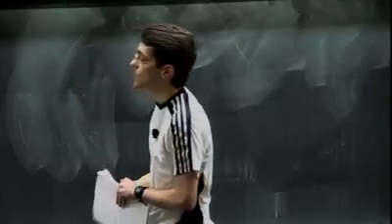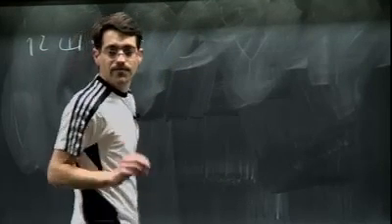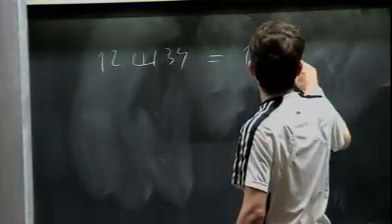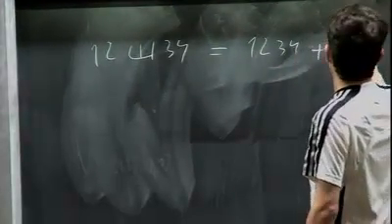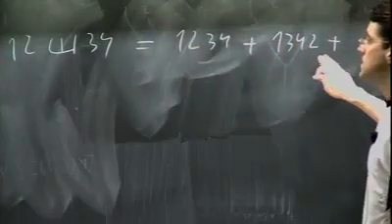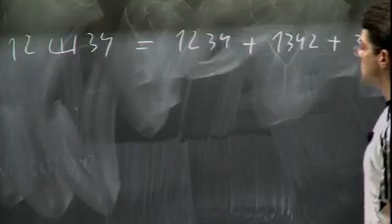So, for example, let's just do one example: 1, 2, shuffle, 3, 4. I don't know if that is clear. That's 1, 2, 3, 4 plus 1, 3, 4, 2 plus 3, 4, 1, 2.